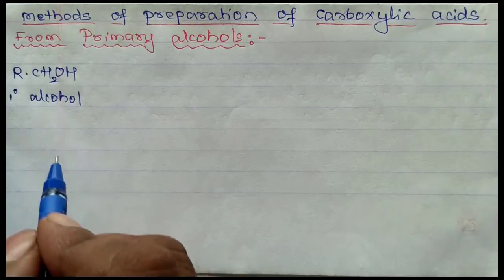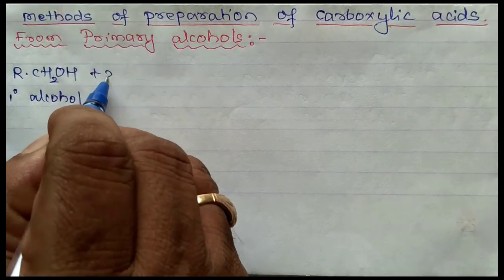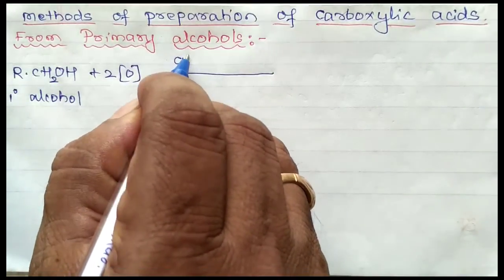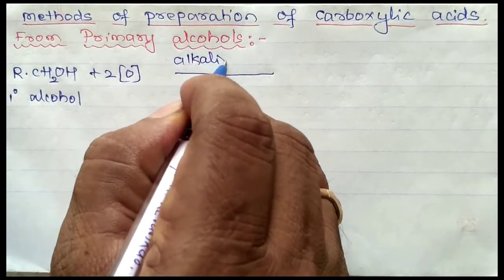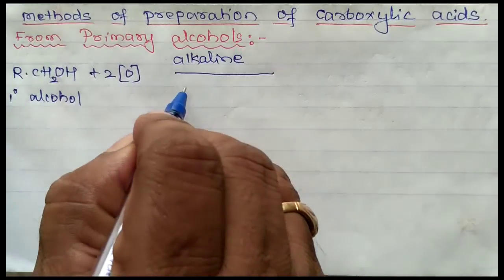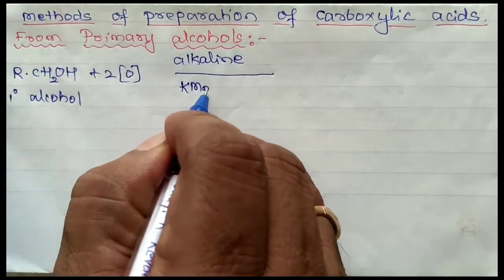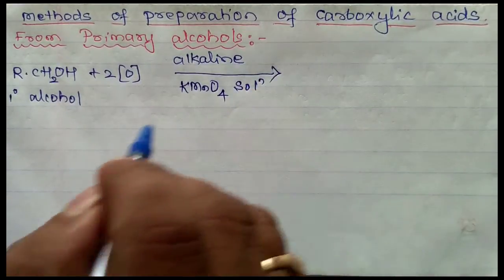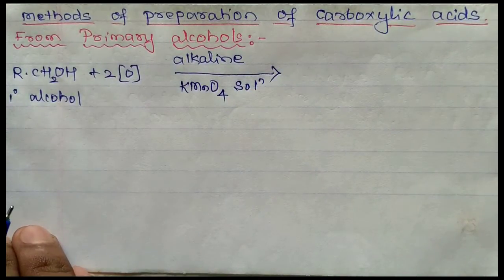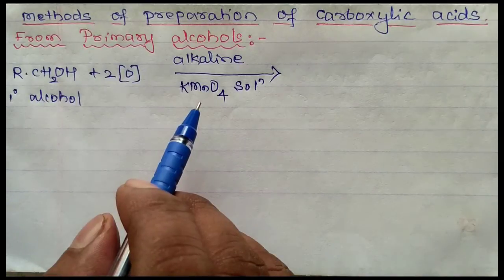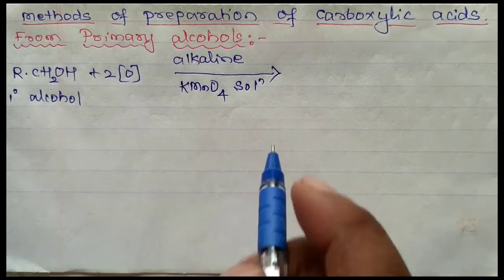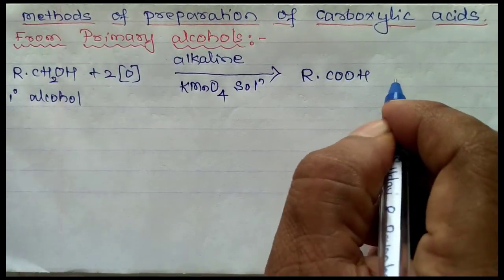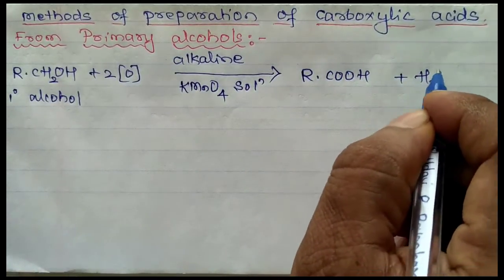alcohol. On oxidation with alkaline potassium permanganate solution, KMnO4 solution, or acidified potassium dichromate solution, K2Cr2O7, it gives carboxylic acids, RCOOH, plus a molecule of water.